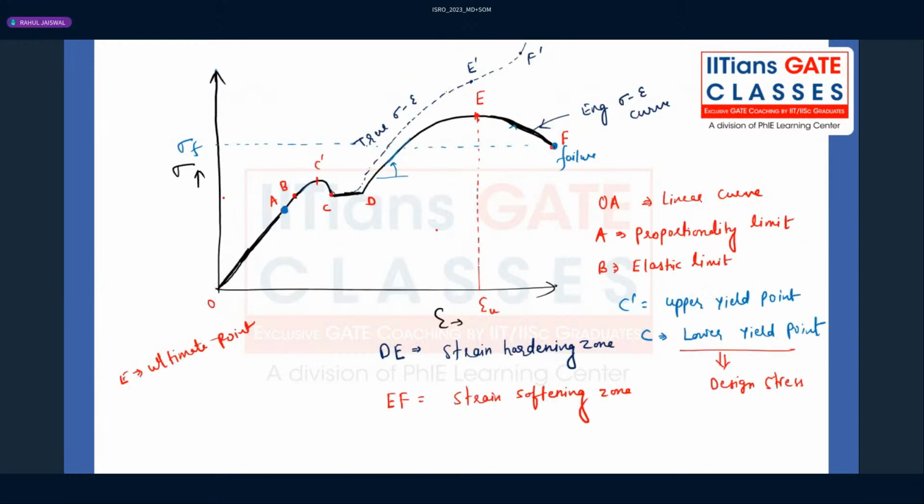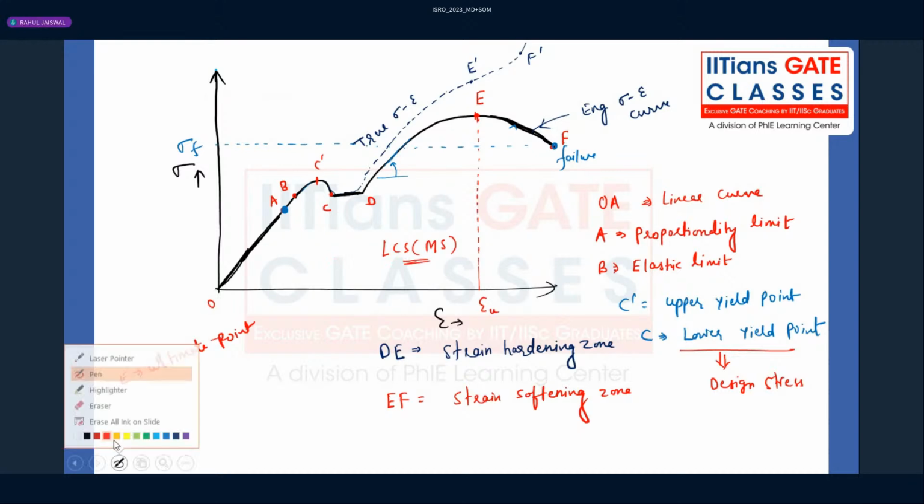So this graph, I have typically drawn for low carbon steel, that is mild steel. It is a ductile material, a purely ductile material. As you keep on increasing the carbon content, the brittleness will start increasing, and the maximum steel can accommodate is 6.67 percent carbon. Beyond that, it will simply come out of the steel structure.